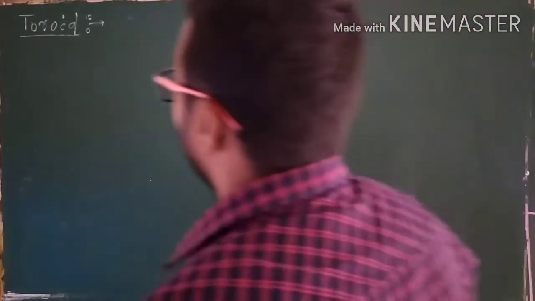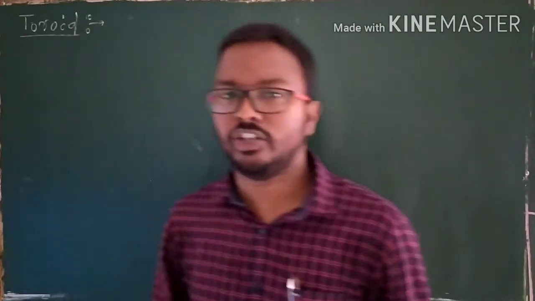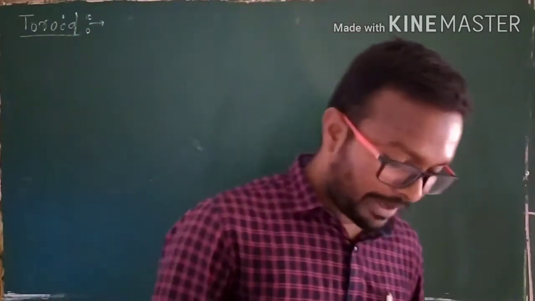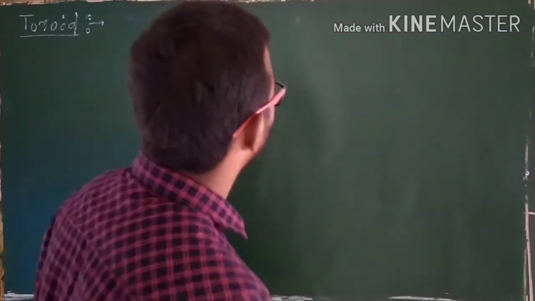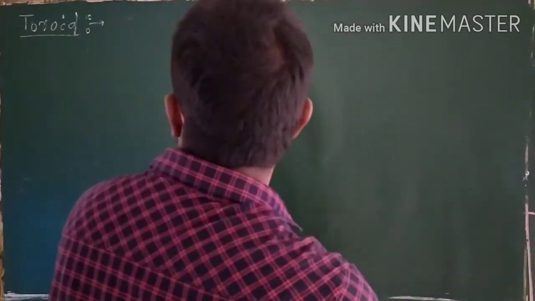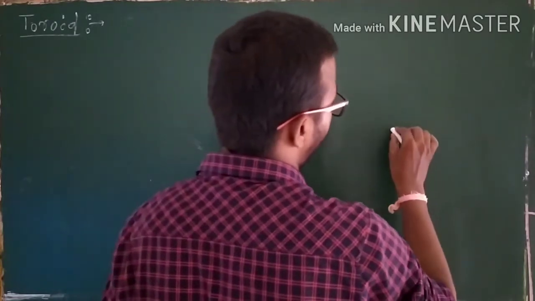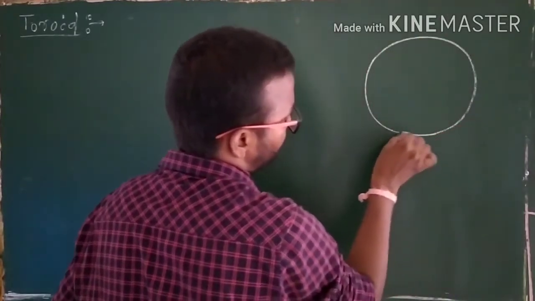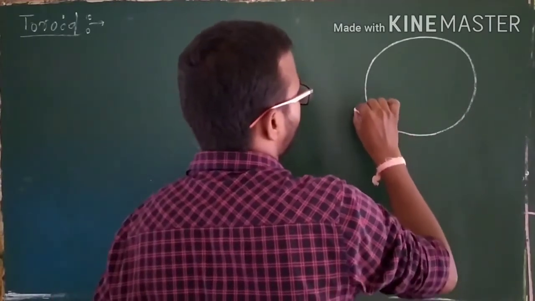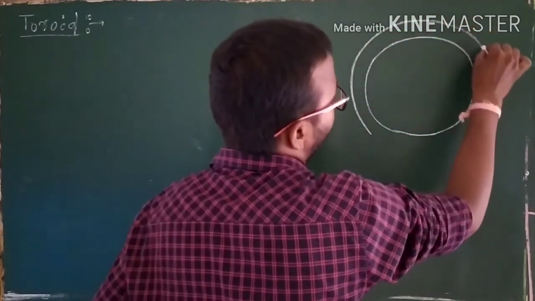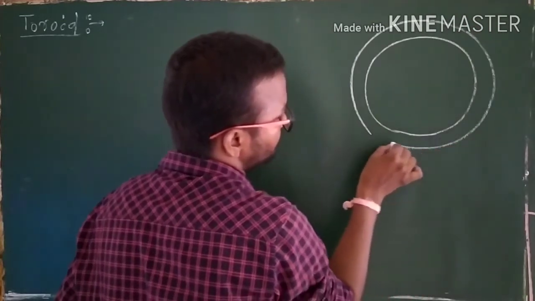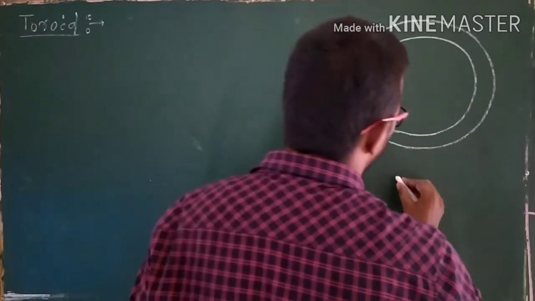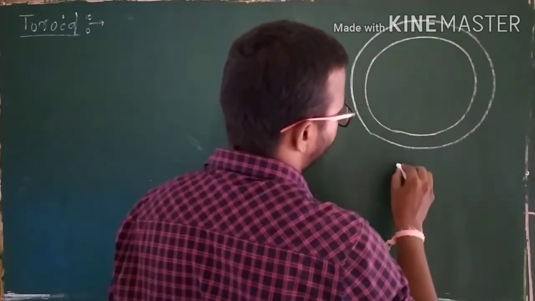So now we will come across the term toroid, and we have to find the magnetic field strength due to a toroid by using Ampere's law. So look at the diagram of a toroid. Suppose we have a hollow circular ring, and the coil is wound over the circular ring.